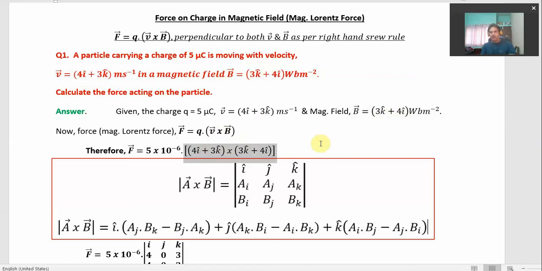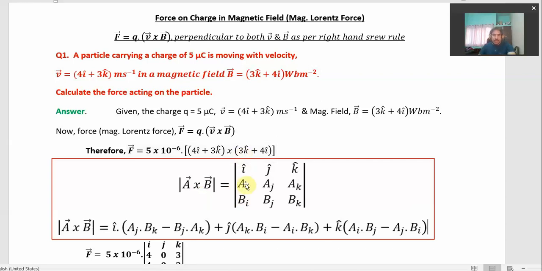Now it is the cross product of two vector quantities. So how do we solve the cross product of two vectors? Here we use vector algebra. We solve the cross product of two vectors by using the method of determinants.